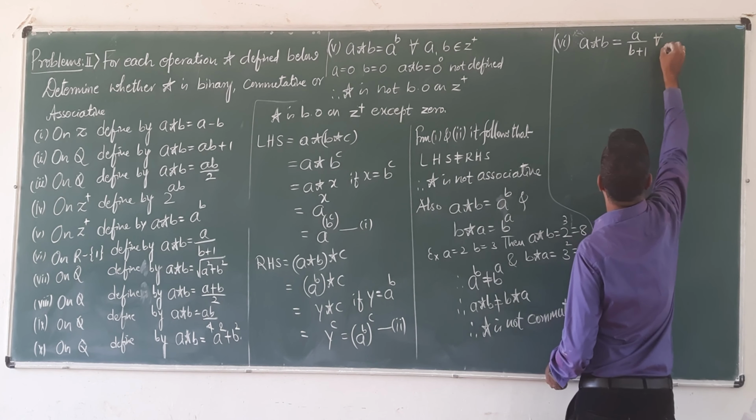Verify whether it is associative as well as commutative. Clearly, star is a binary operation on the set of real numbers except 1.